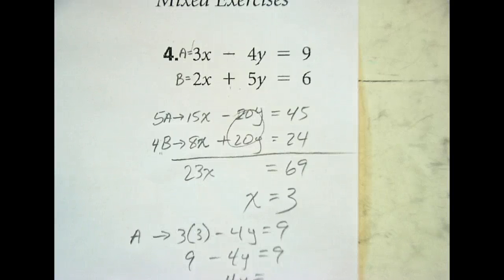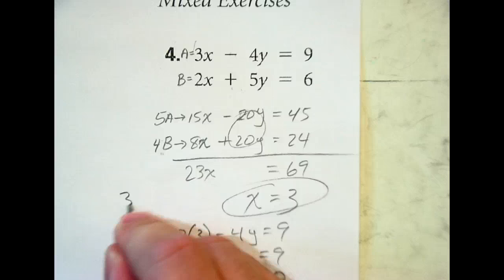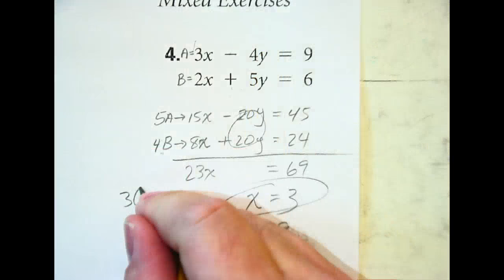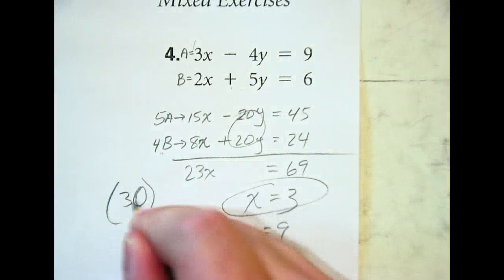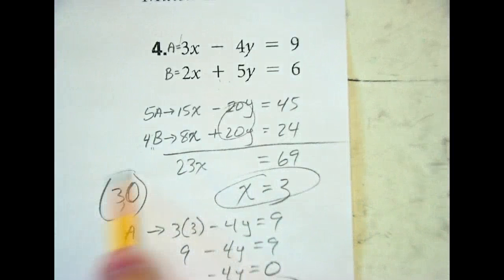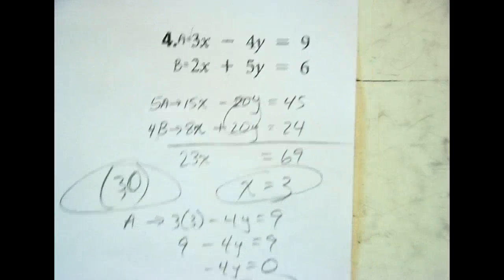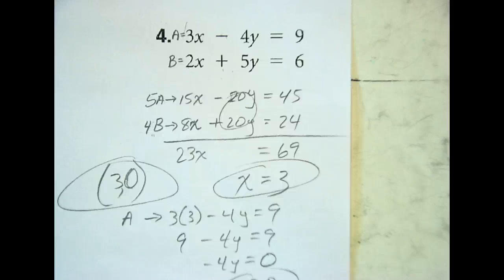Negative 4y equals 0, so y has to be 0. Ordered pair 3, 0. Okay. Any questions on it? Leave a trail, please.